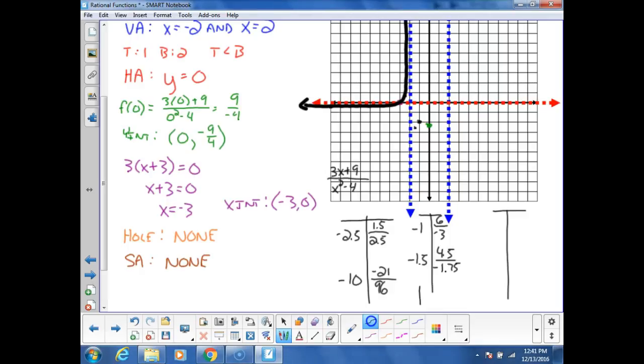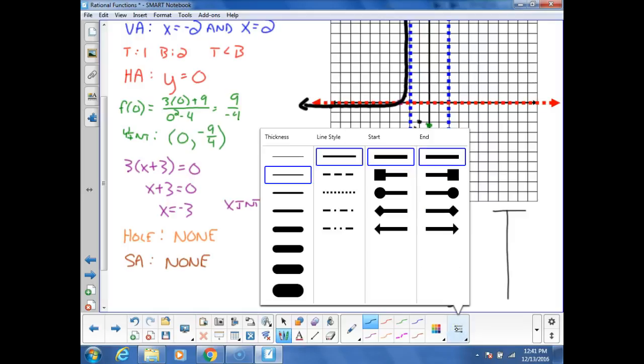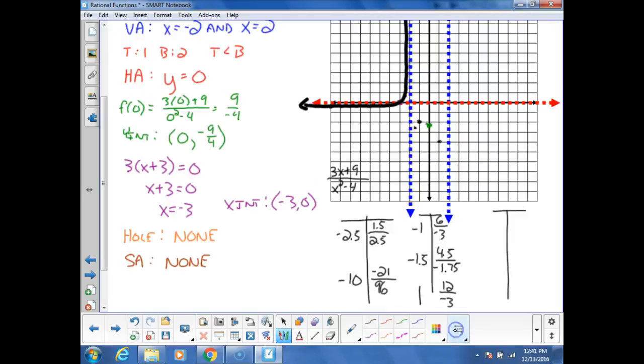So then let's try positive 1. If I put positive 1 in there, I get 12 over negative 3, which is negative 4. So my function here on the inside looks like that.